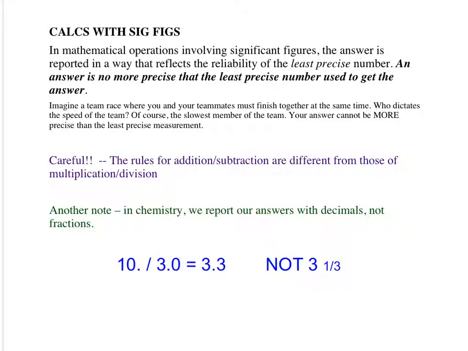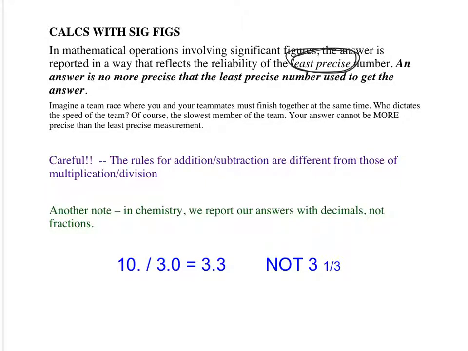Okay, now we get to our calculations with some sig figs. And I don't know if I need to read through all of this, but really what we see is that when we go through these calculations and we report our answer, what we want to do is base it on the least precise number of sig figs, or least precise number in your calculation.